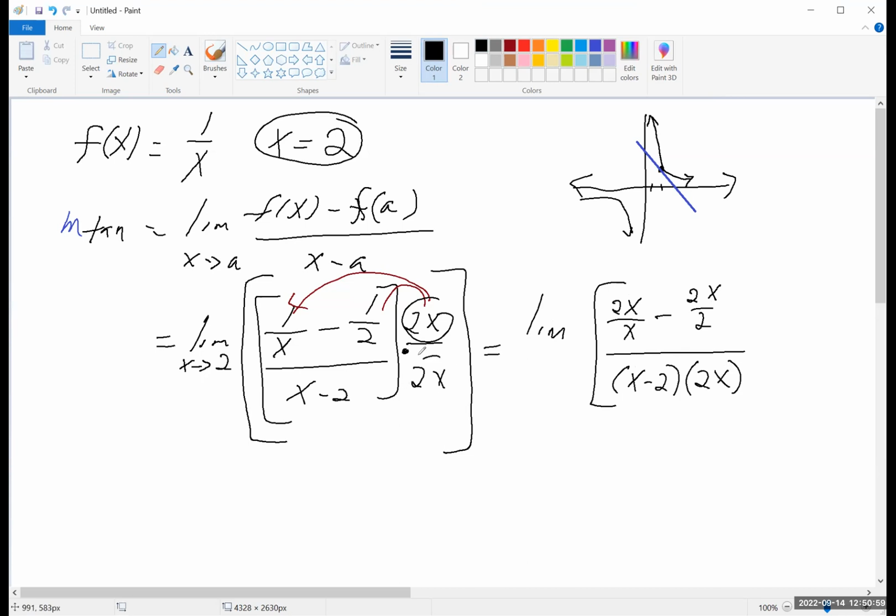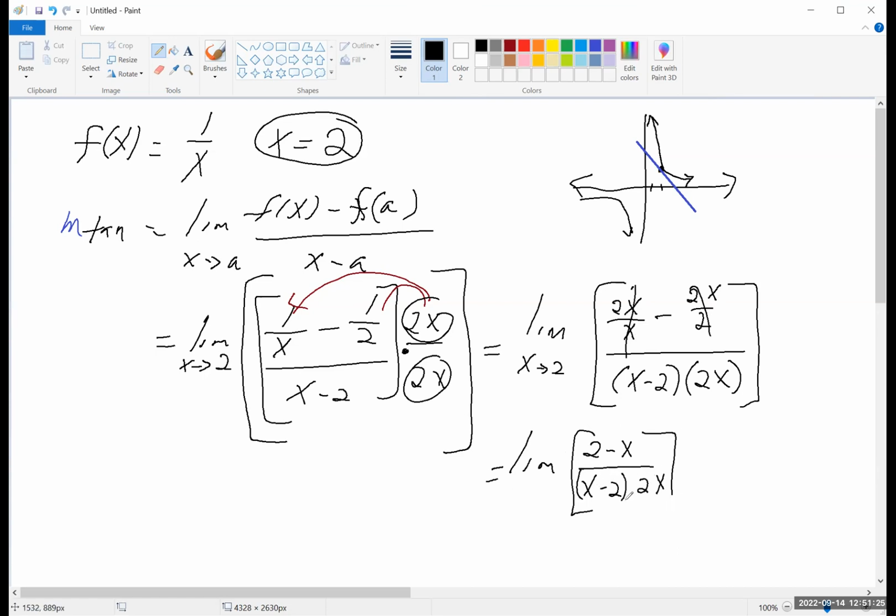So I've dealt with both of these now as x approaches 2. And then we can cancel those x's and cancel out the 2's. And we're left with the limit of brackets 2 minus x over x minus 2 times 2x as x goes to 2.